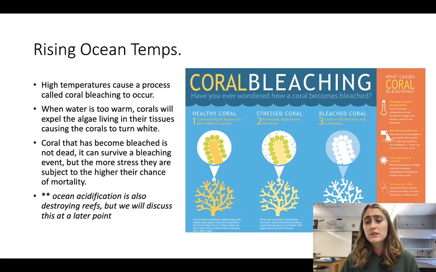So it'll start to turn this very white, non-pigmented color. We call that bleached coral or coral bleaching. The coral isn't necessarily dead at this point, but it's very vulnerable, so it's more likely to break or be broken. And then, of course, if the algae doesn't return over long periods of time, the coral will eventually die.